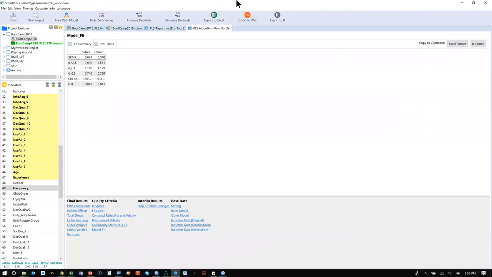And are they truly reflective or are they formative? We're going to do a formative model in just a minute. Usually, if they don't load together, they're not reflective. So at the end, I can make an article about how those scales are maybe formative.